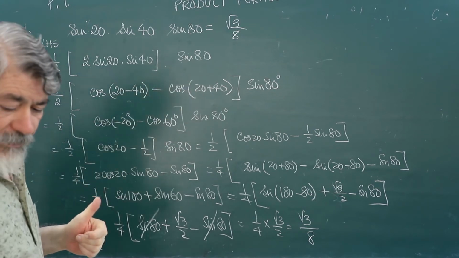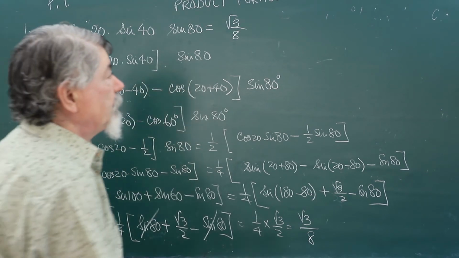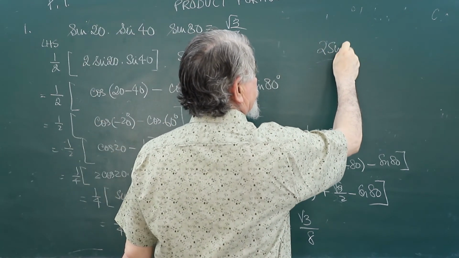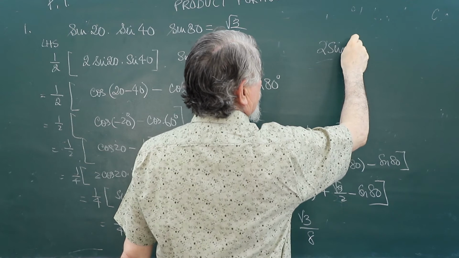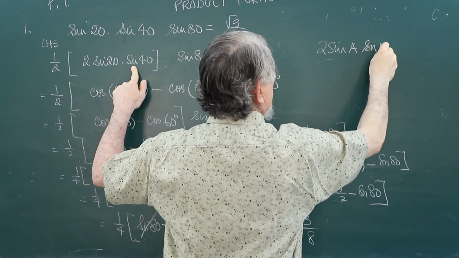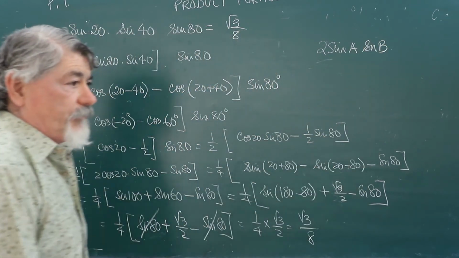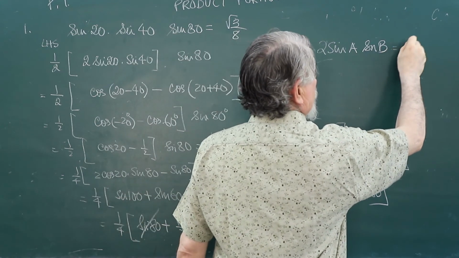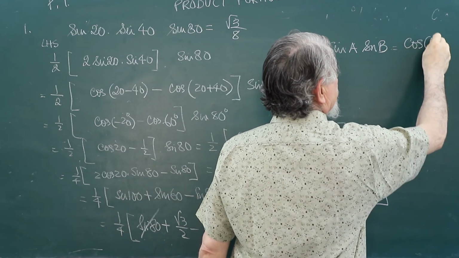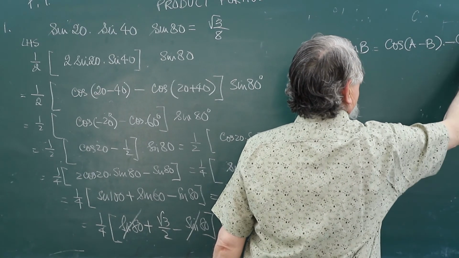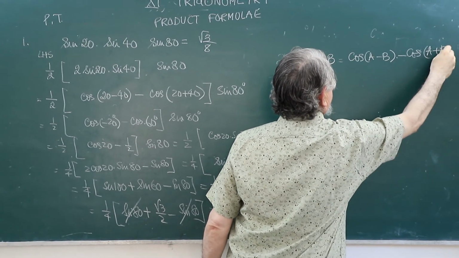You know the formula that 2 sine A sine B was cos A minus B minus cos A plus B. The last formula I told you is different.